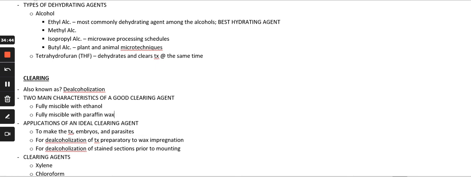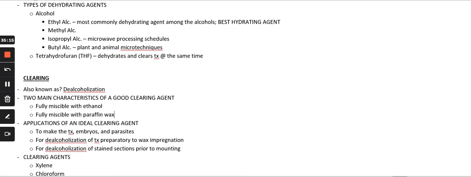Again, the next step after clearing is impregnation, so it should be miscible with our paraffin wax. Basically, we define clearing as the removal of your alcohol or your dehydrating fluid from the tissue, so that we can prepare it for the next step.